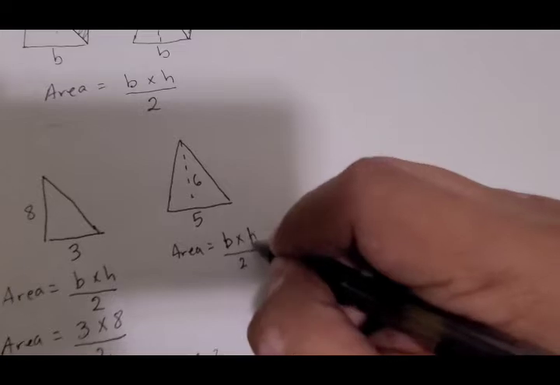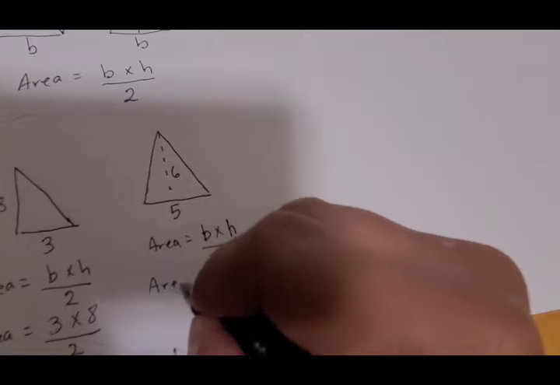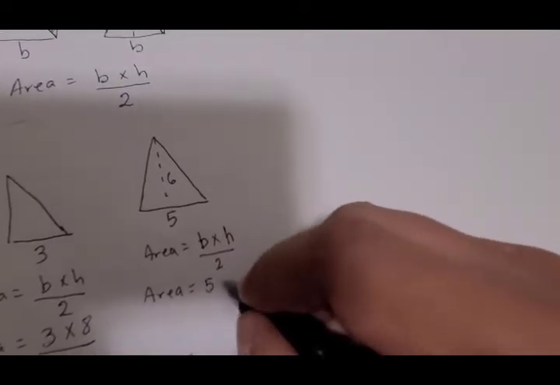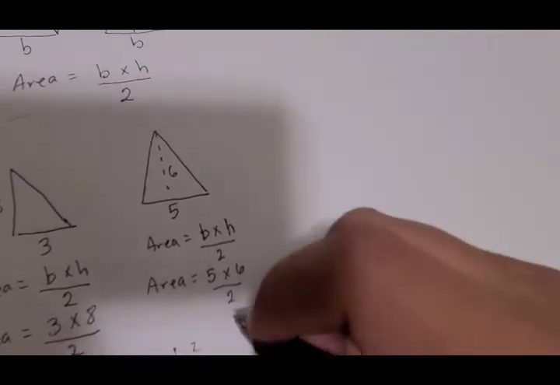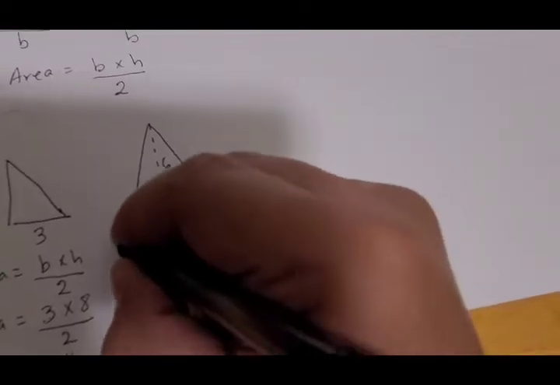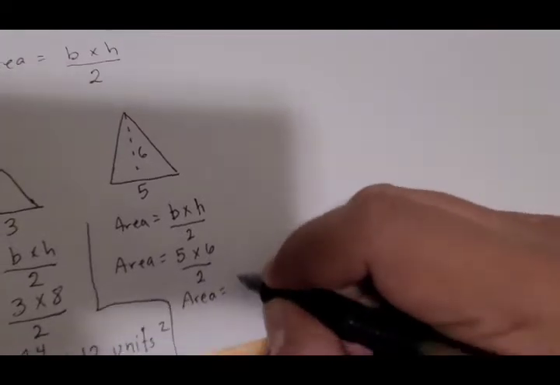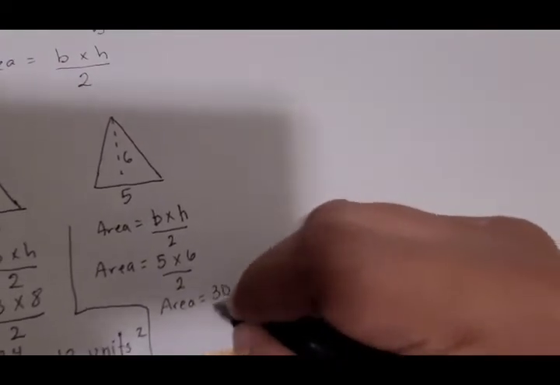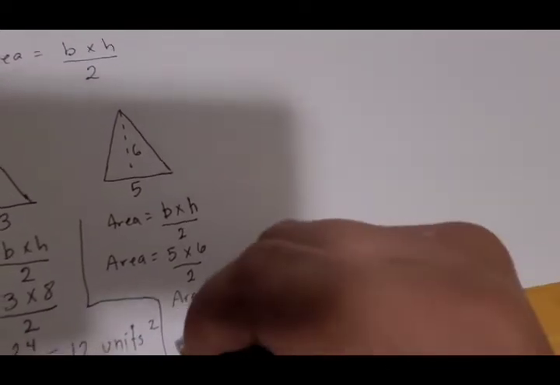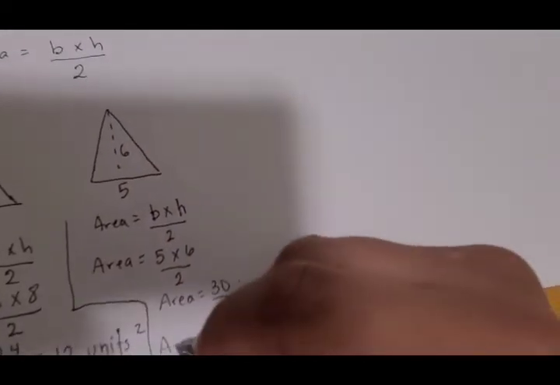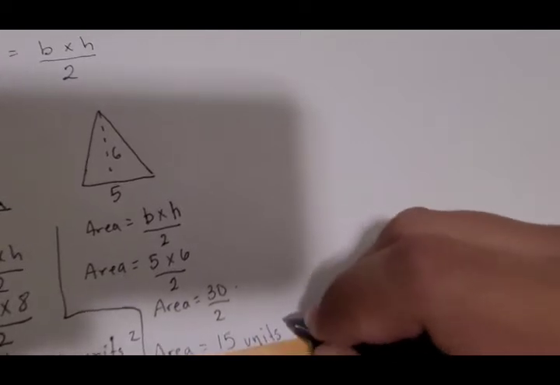Once we plug in the values, we have area equals 5 times 6 divided by 2. 5 times 6 is 30. So area equals 30 divided by 2. 30 divided by 2 is 15. So we know that the area for this specific triangle is area equals 15 units square.